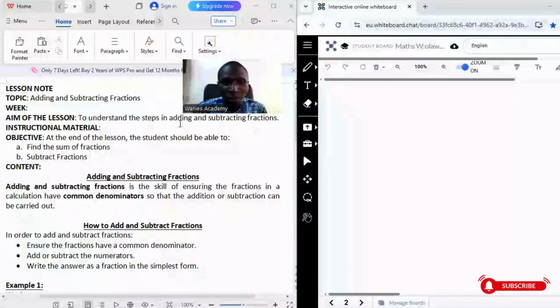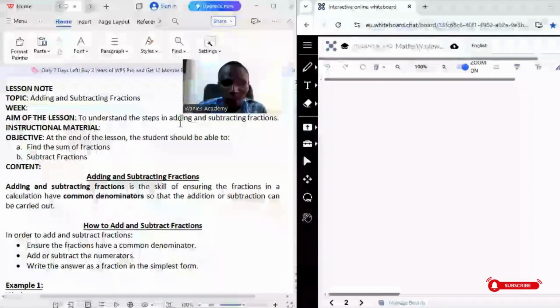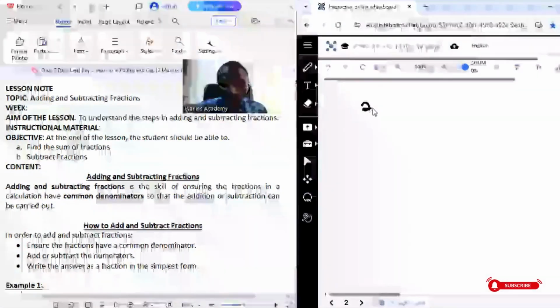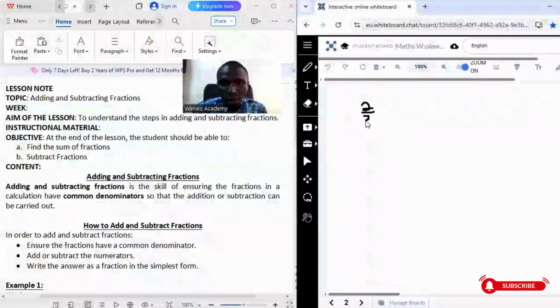Adding and subtracting fractions is the skill of ensuring the fractions in the calculations have common denominators so that the addition or subtraction can be carried out. Let's say, for instance, if we have 2/3 plus 1/5.